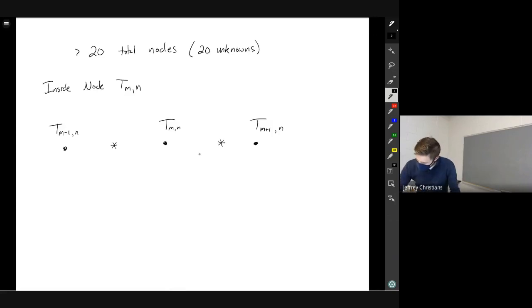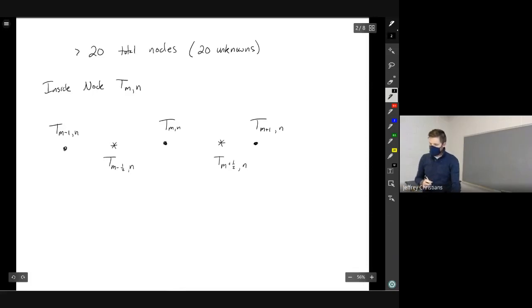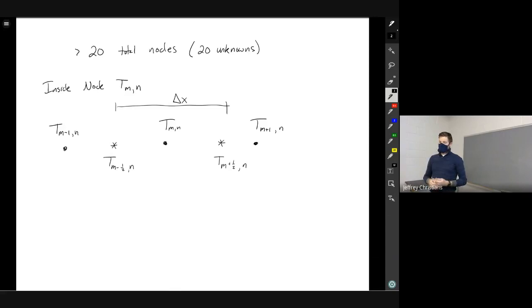So this is T M plus 1/2, N, and T M minus 1/2, N. This has a dimension from there to there of some dimension in the x direction. If we look at our example, that would be 2 centimeters, right? That's our spacing between grid points.